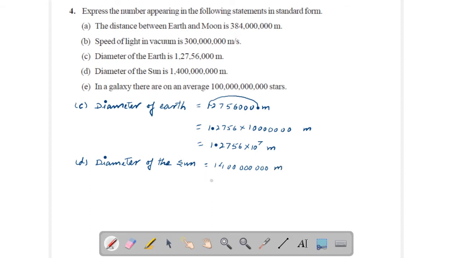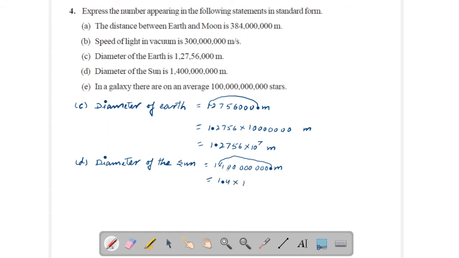Here you have to write in a standard form. This can be written as, here where is decimal? On the right hand side. You have to bring this decimal from here to here, that is after one digit. So this can be written as 1.4 into 1.